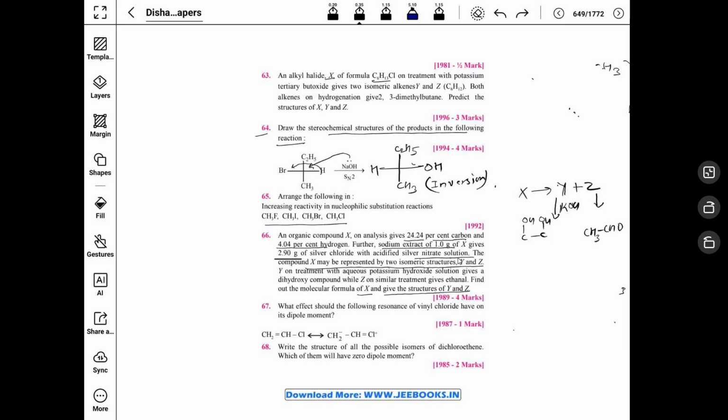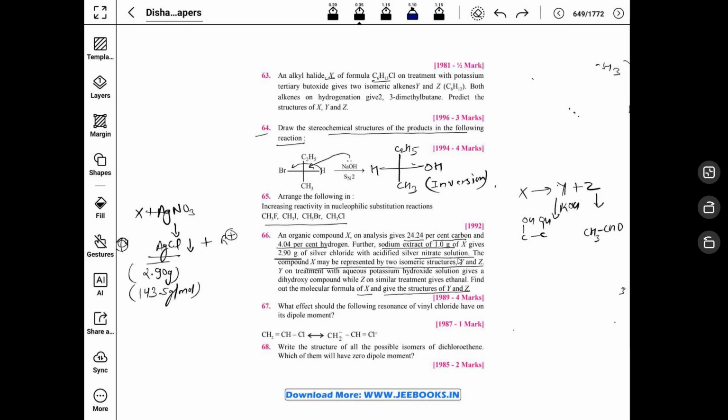Okay, so first we have to understand that the silver nitrate solution is reacting with X. So it means X has an alkyl halide, or we can say alkyl chloride, because that's why this silver salt precipitate is forming, and then you get the carbocation. And this silver salt precipitate amount is 2.90 gram, and we should know the molecular weight of silver chloride is 143.5 gram per mole.